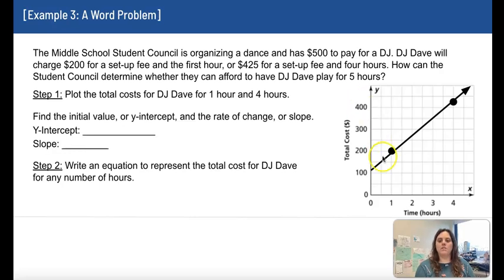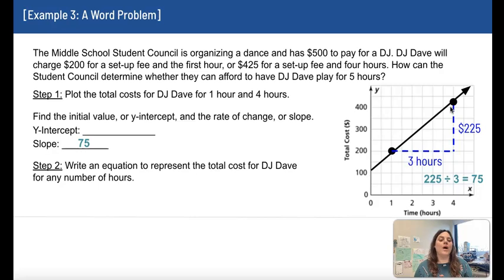So when we have the slope here, we're going to go over 3 hours and up $225. So to find the slope, we take $225 divided by 3 hours. 225 divided by 3 ends up being 75. So our slope is 75, or $75 per hour is what he's charging.